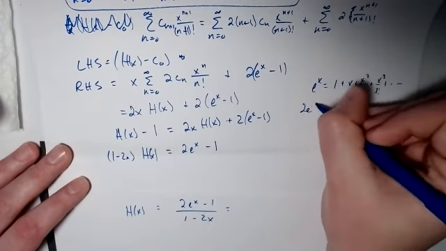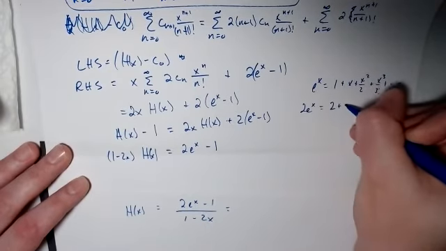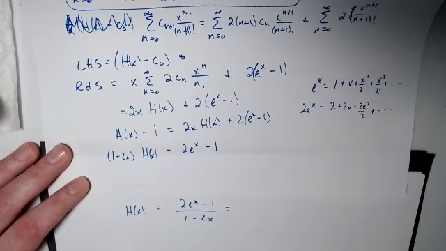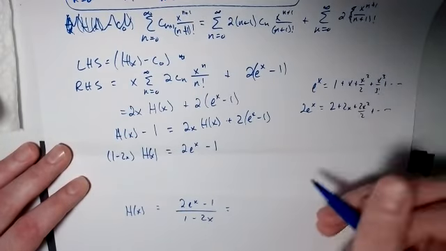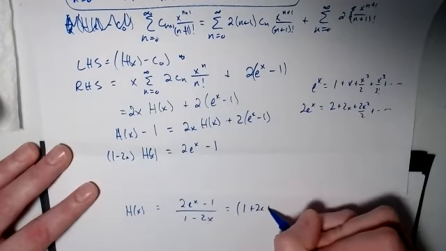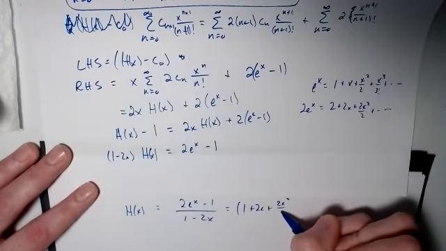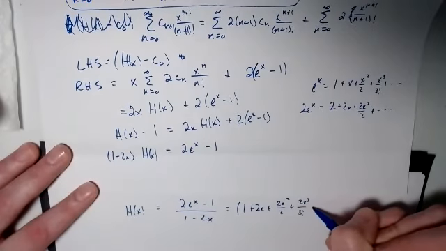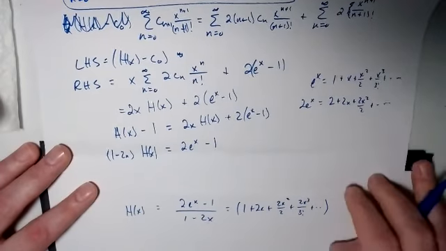So 2 e to the x is just double that, right? And so 2 e to the x minus 1 is 1 plus 2x plus 2x squared over 2 plus 2x cubed over 3 factorial, and so on.